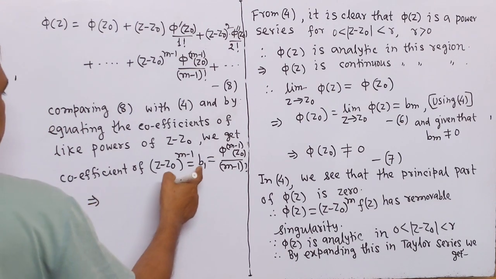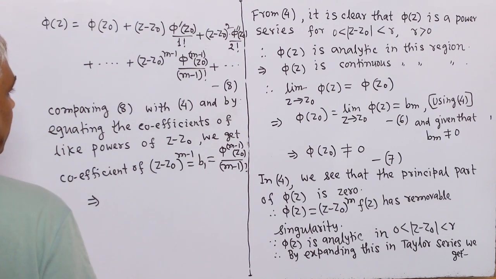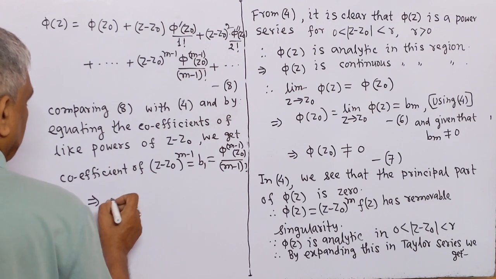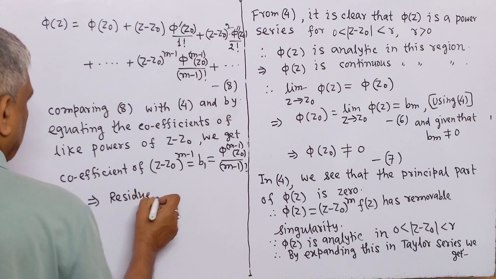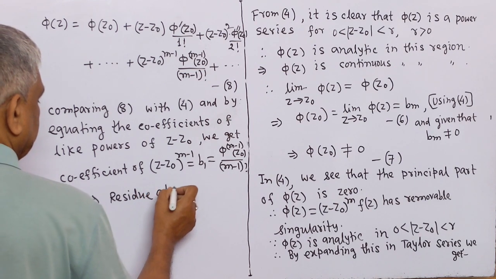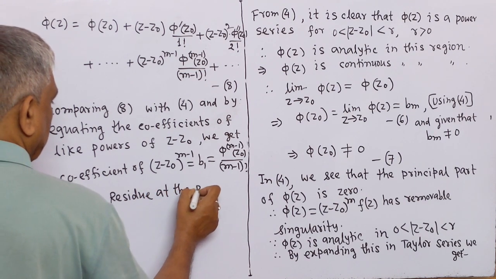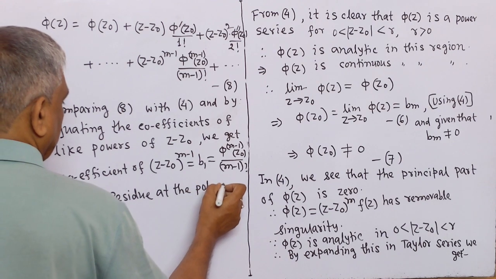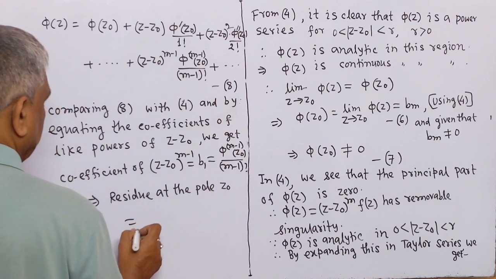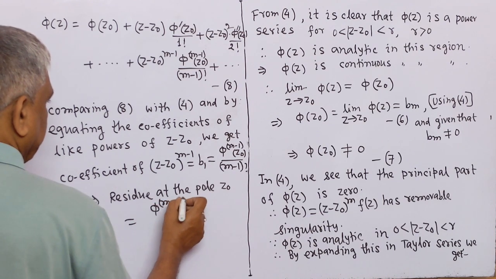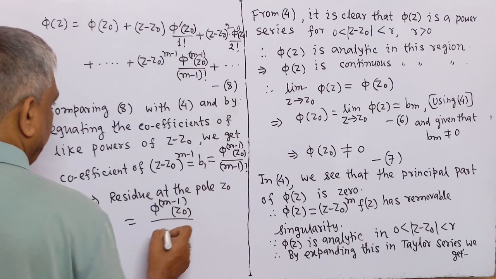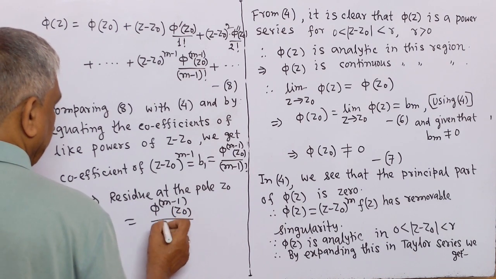This implies that this b1 is the residue at the pole z naught, equal to the (m minus 1)th order derivative of phi at the point z equal to z naught by factorial (m minus 1).